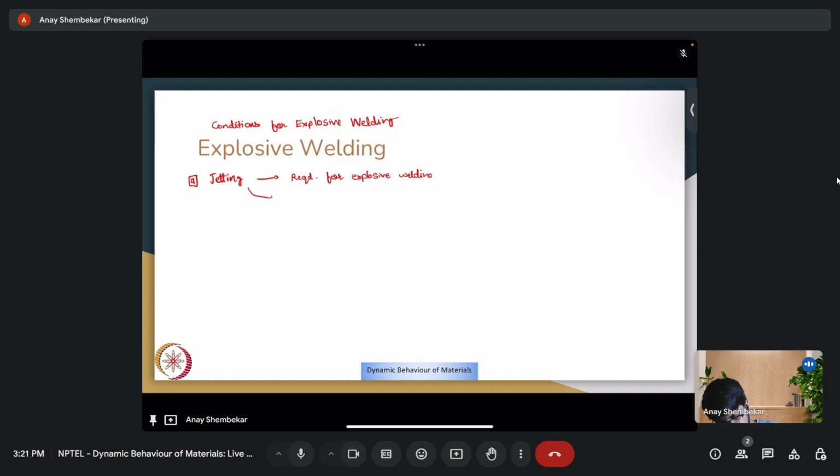And we also see that no jetting is possible if collision velocity Vc exceeds elastic wave velocity.